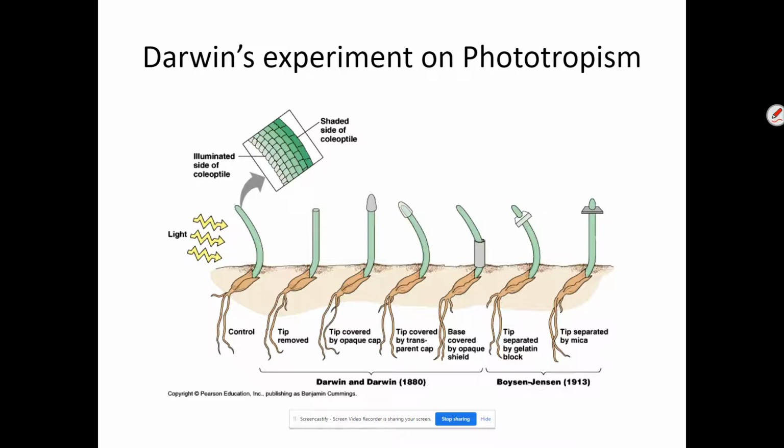And that causes the dark side to be longer than the light side, and thus causing the plant to bend toward the light. And so you can see this in any garden. Plants will typically point themselves to where the light is going to be the most intense for the longest period of time, and they will do that so that they can grow the most. Remember, all organisms' goals are to survive and reproduce, plants being no different.